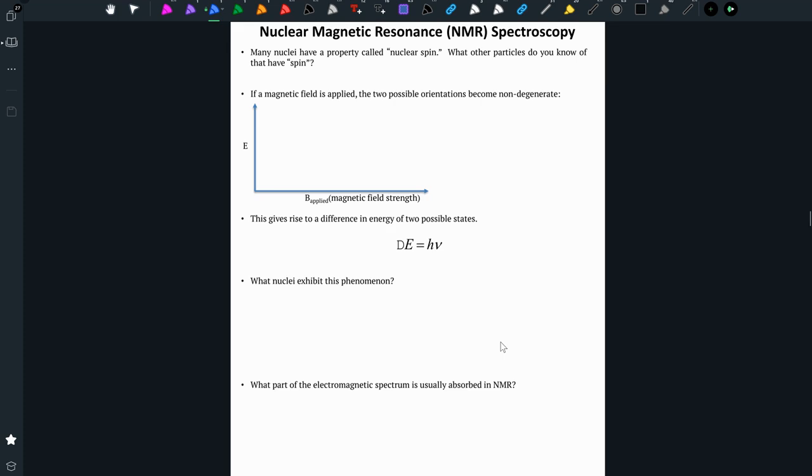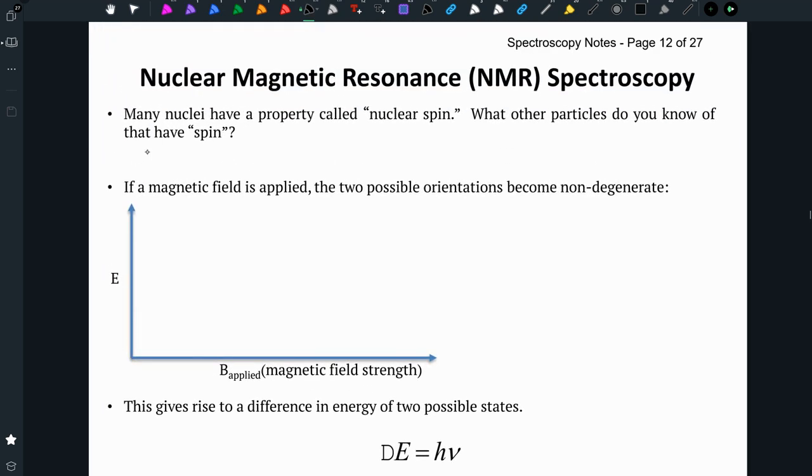You may or may not remember from a prior chem class that electrons also have spin. Electrons can have what we call spin up or down.